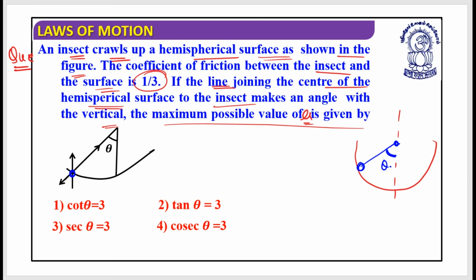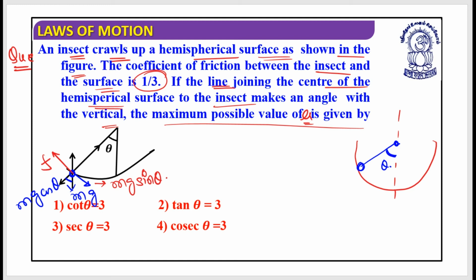Now let's have all the forces. This is mg, this is theta, so this should be mg cos theta, and in this direction, this is mg sine theta, and in this direction it's friction. I hope this is clear.